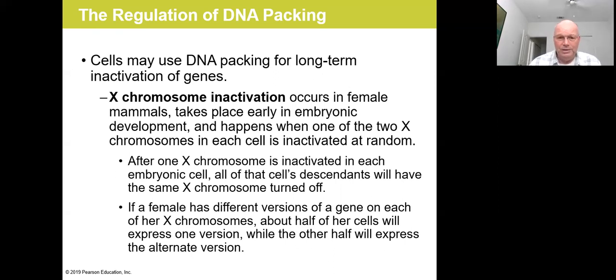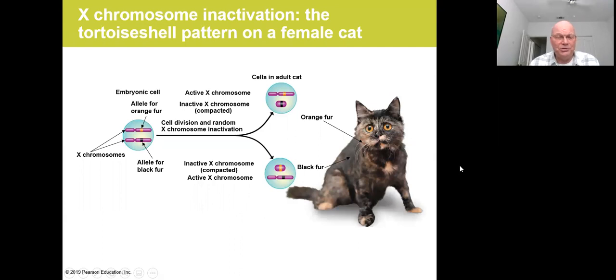Now, in humans, it's very difficult to pinpoint a circumstance where this is the case. But there is a very, very clear example when it comes to thinking about cats. Because the tortoiseshell color in cats is a product of individuals who are not homozygous but heterozygous for a fur color gene located on the X chromosome.